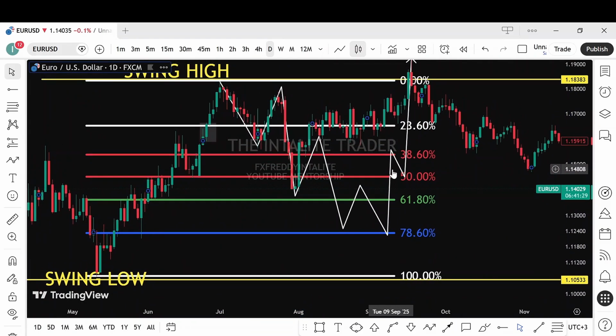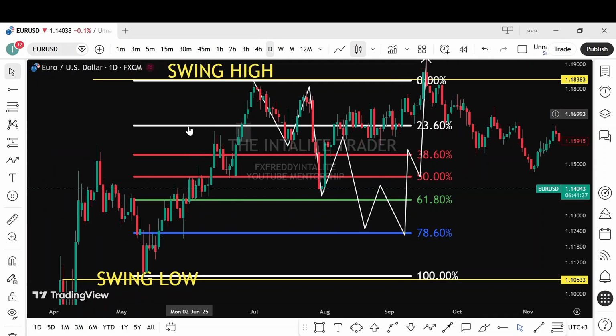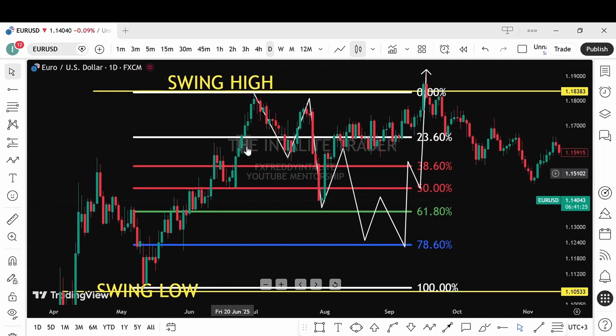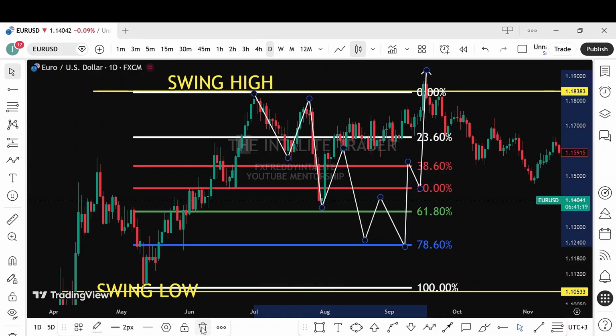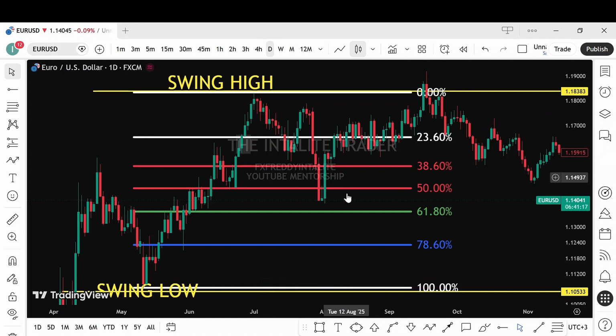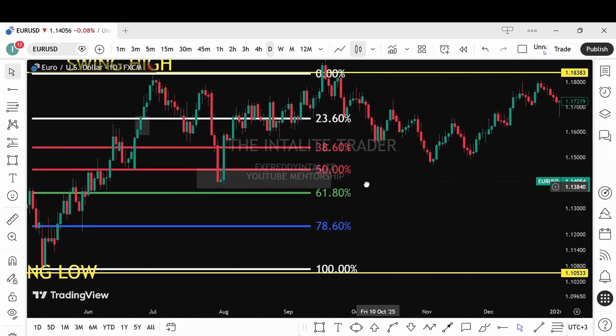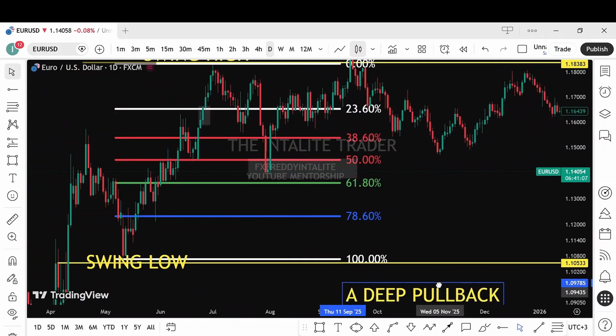So we are still bullish as long as we are in between this swing low and this swing high. So your goal is to identify a pullback. And what happened? Price came into this level between 50 and 61.8%. So which pullback is that?